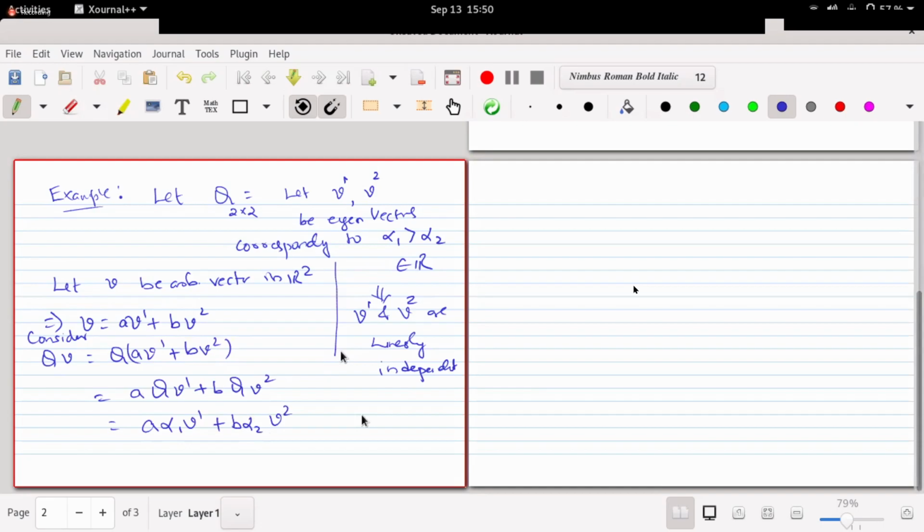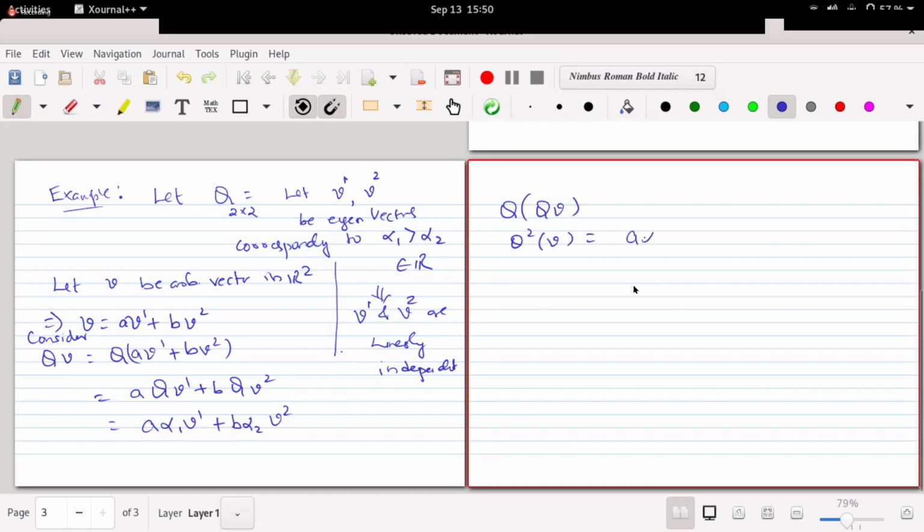What is Q square V? A times alpha 1 square V1 plus B times alpha 2 square V2. So Q^n V equals A alpha 1^n V1 plus B alpha 2^n V2.